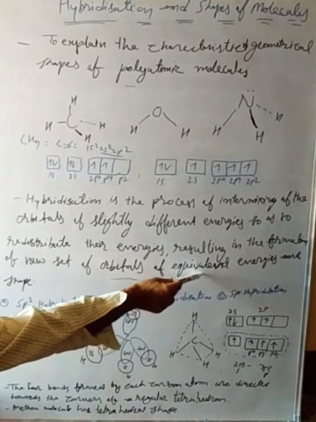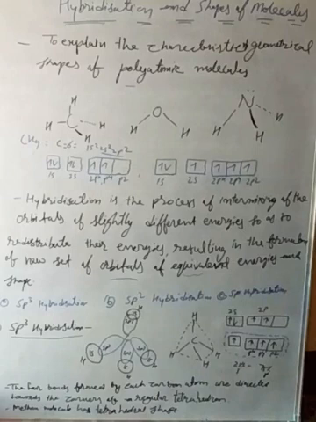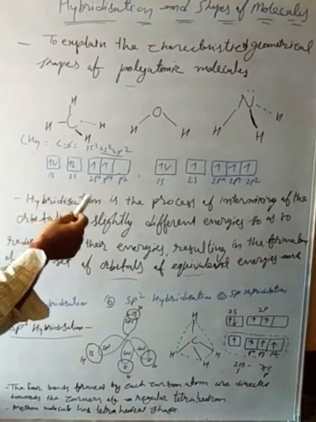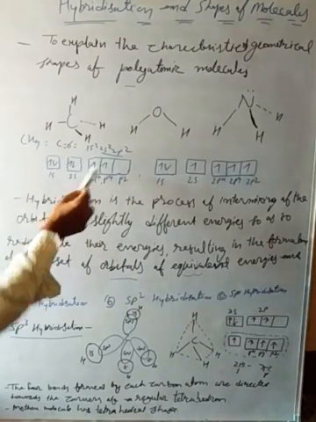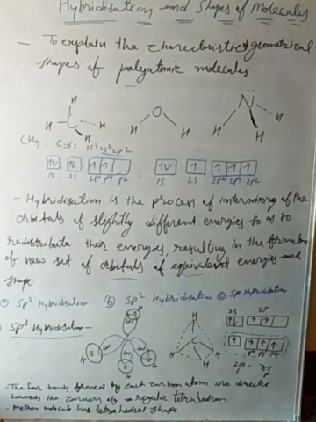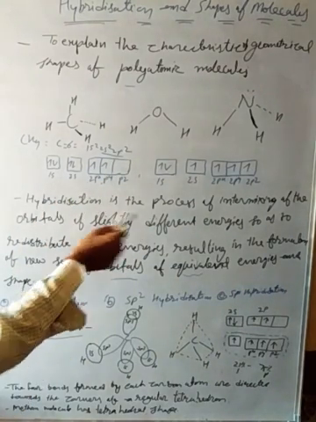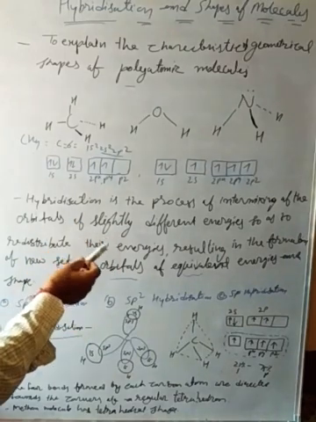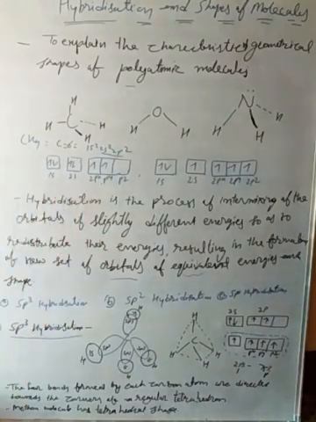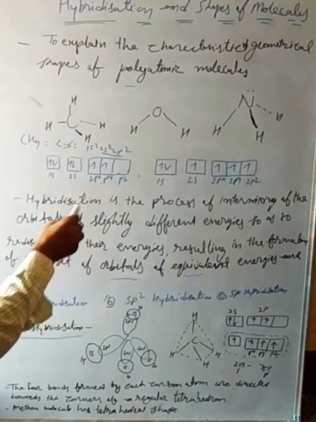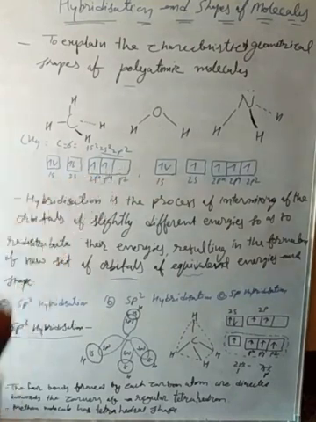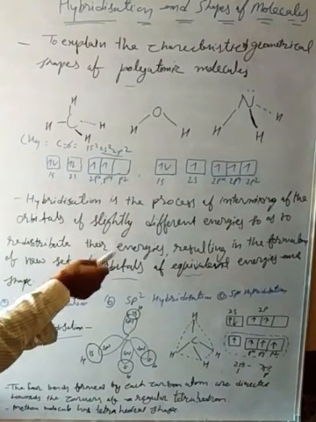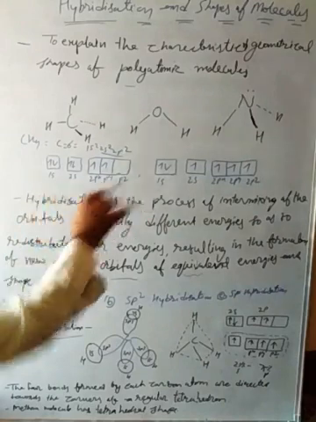During hybridization, the 2s and 2p orbitals intermix, since their energies are slightly different. One electron jumps from the s orbital to the pz orbital, and the energy is redistributed.